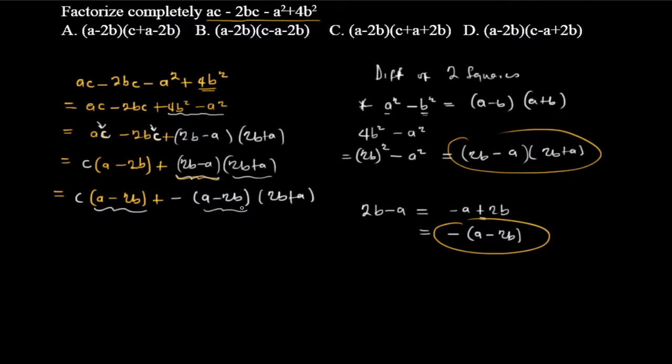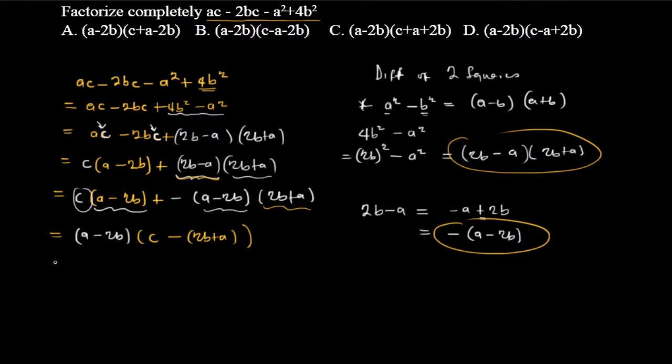So I can factor out a − 2b. What we'll obtain is (a − 2b), and then we'll be left with c, then plus times minus is just going to be negative, and then you have (2b + a).